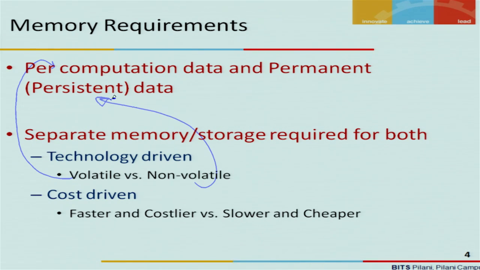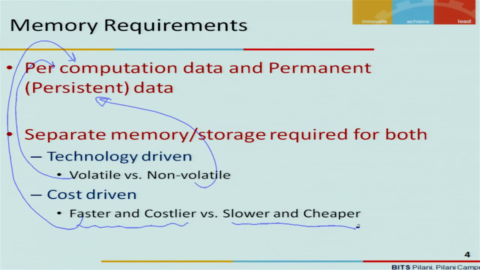Similarly, cost wise, the computation data is nearest to the processor in the system architecture, so it should be faster, and if it is faster, then definitely it's costlier as well. So the per-computation data is faster and costlier.